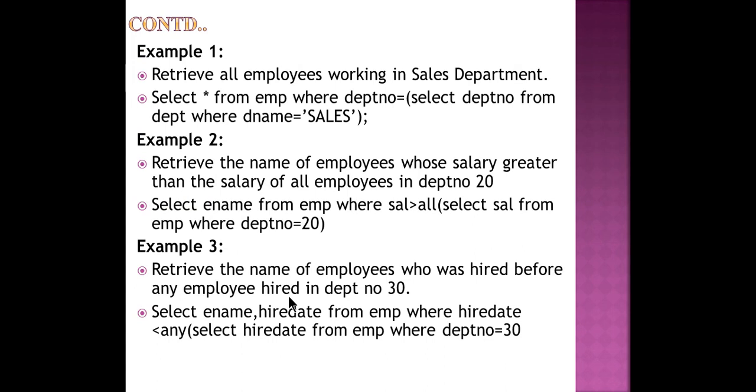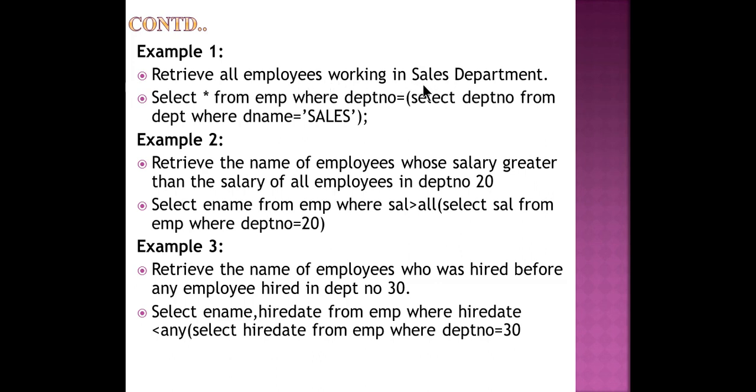Here there are three examples. The first one is retrieve all the employees working in the sales department. So first the inner query will be executed. What is the inner query? Select the department number from the department table where department name is sales, because we have to extract data from two different tables.